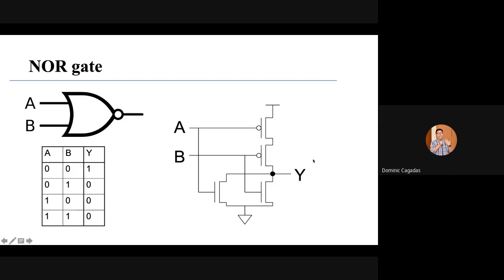Therefore, automatically our Y is low. Last case for the NOR gate, you have 1, 1. High input A, high input B. Both PMOS are turned off, so there's no connection to our VDD source. Therefore, our Y is automatically low.